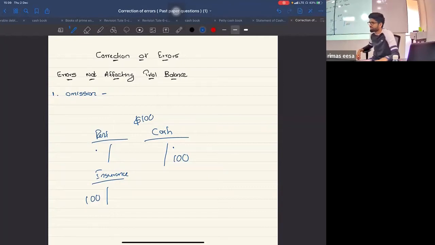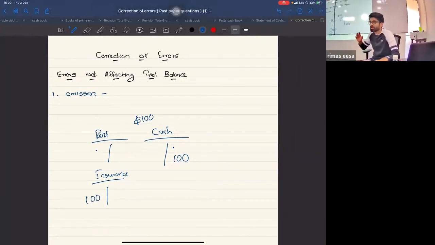Is that clear? Even though you have made a mistake, the most important thing to understand is: have you made a debit entry and a credit entry for the same amount? Yes. 100 is on the debit side, 100 is on the credit side. So even though there is a mistake, debit and credit is equal, trial balance will balance, but there is an error. So what are we learning now? We are under the heading errors not affecting the trial balance.